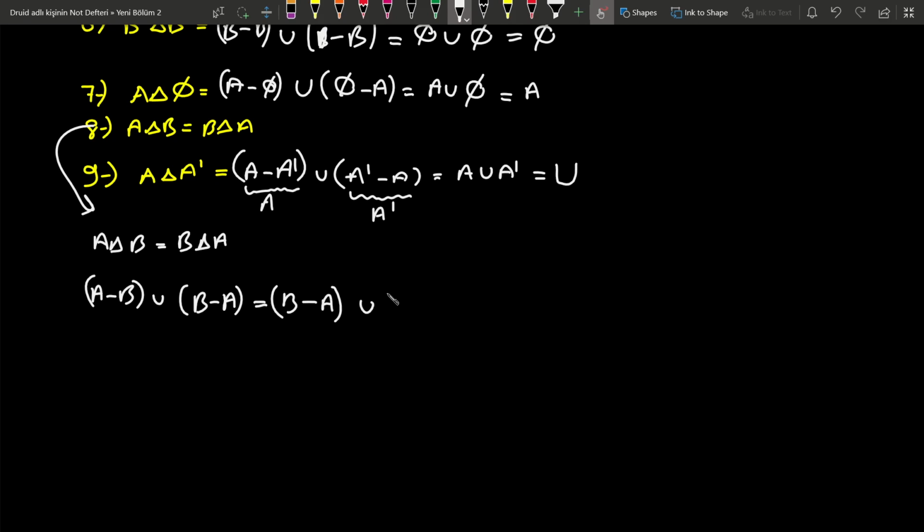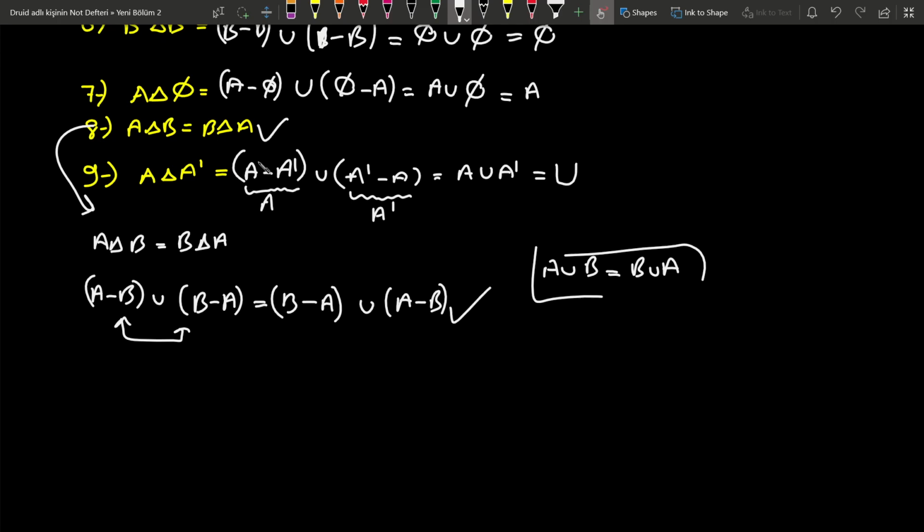Union A minus B, right? We know that in unions, A union B is equal to B union A. We know this is correct. So we can say the same thing here. We can change these, it's completely fine. So therefore, our 8th equation is also correct.